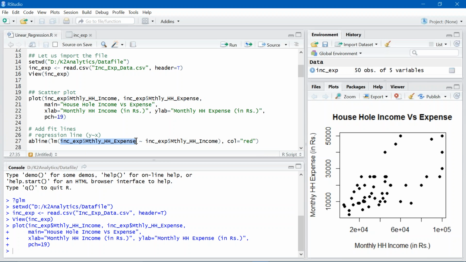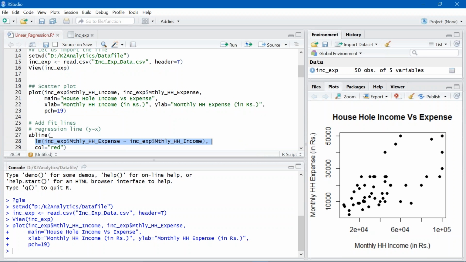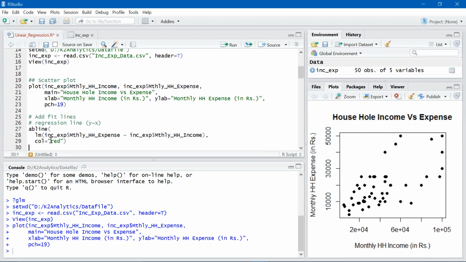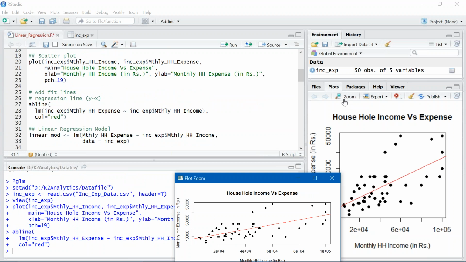So I'm saying I want to establish a function which is expense as a function of income. This code can be split into multiple components. This line which I have now selected builds a linear model as a function between expense and income. This model I am trying to show on the graph as an AB line. Okay, so let us run this, and I get an AB line.